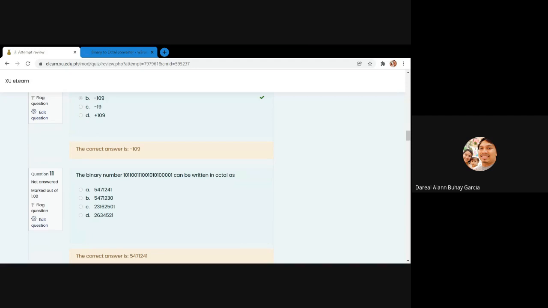Okay, so octal is a different type of number system, alongside decimal and hexadecimal.